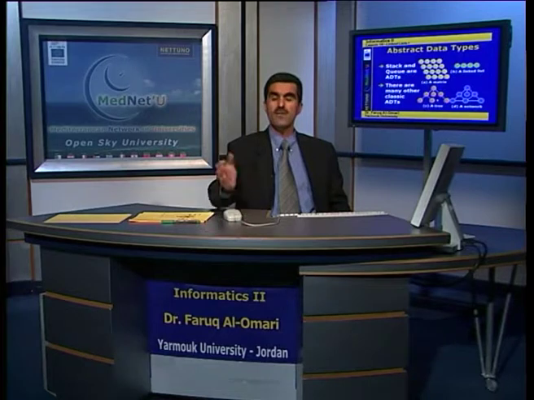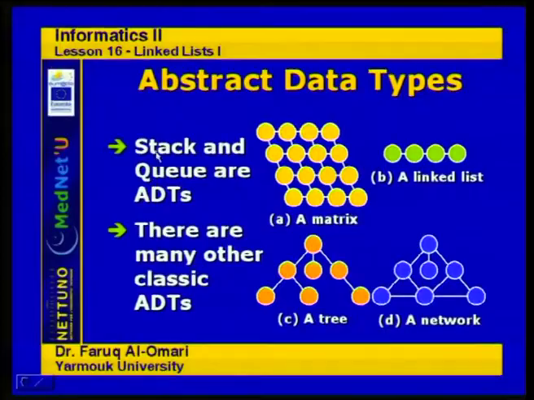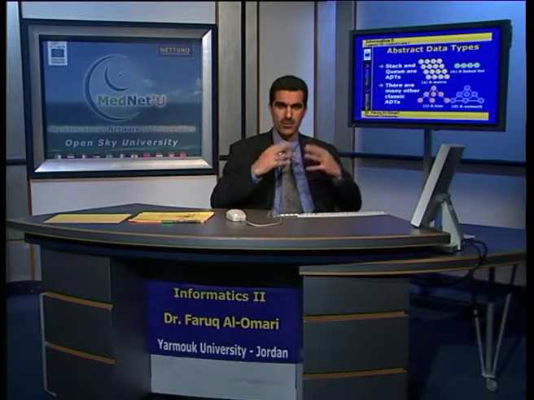Well, some of these structures that we already covered and talked about are the stacks and queues. So stacks and queues are basically abstract data types. However, these are not the only way of implementing the structures that we're talking about.